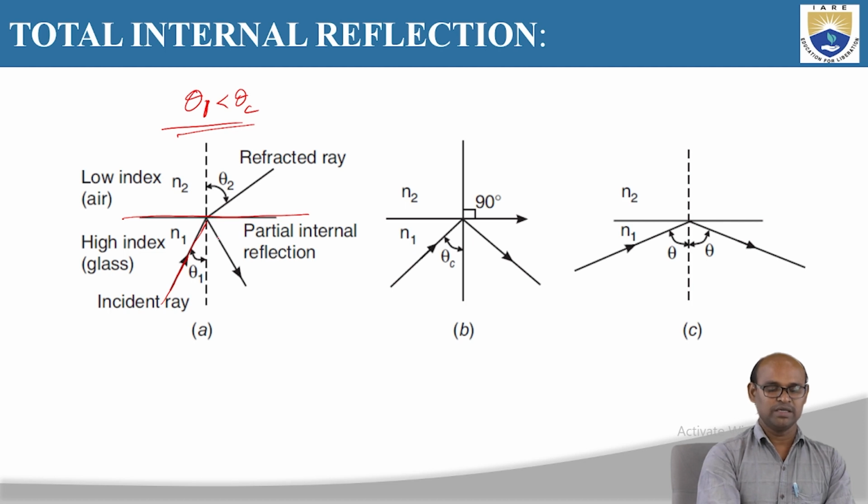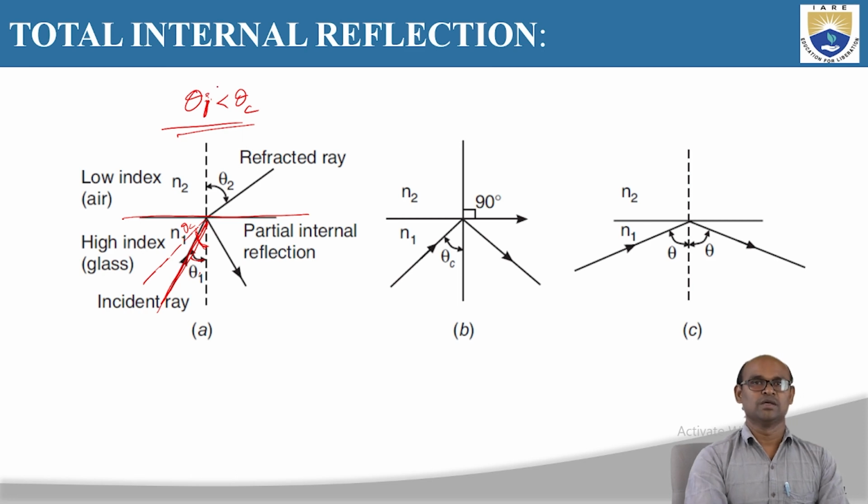Theta 1 is less than theta C. I have a critical angle; we will derive what the critical angle is, but first let me say that this is theta C. The angle of incidence theta 1 is less than the critical angle in this case. This is the critical angle and this is the angle of incidence. It is clear that theta I is less than theta C.